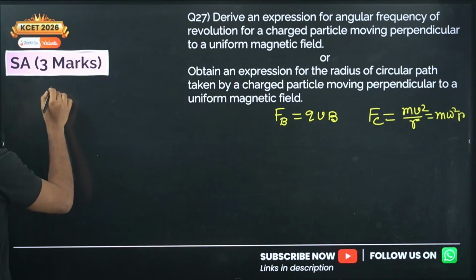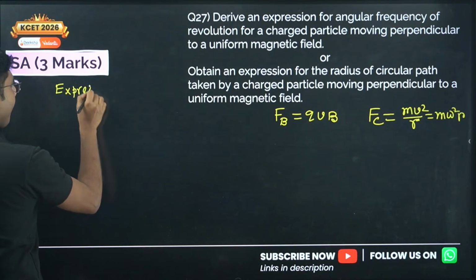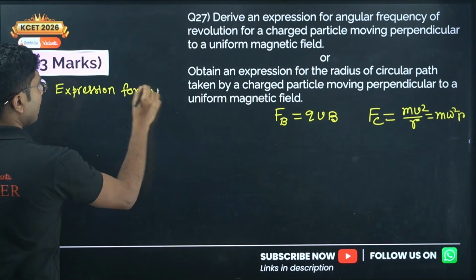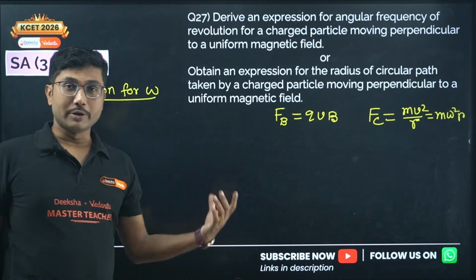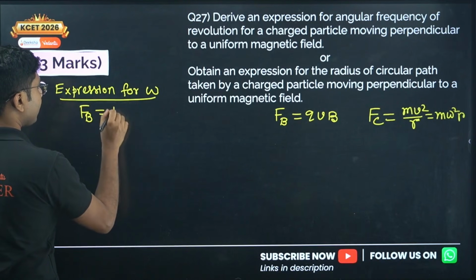First is the expression for omega. Now how to calculate that? At equilibrium these two forces must be equal, so FB must equal FC.